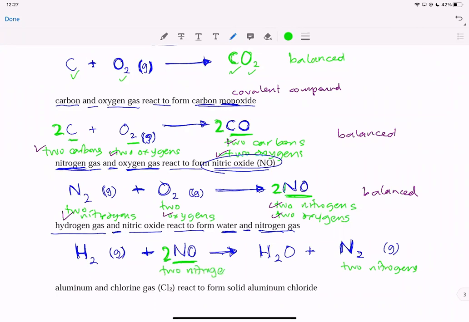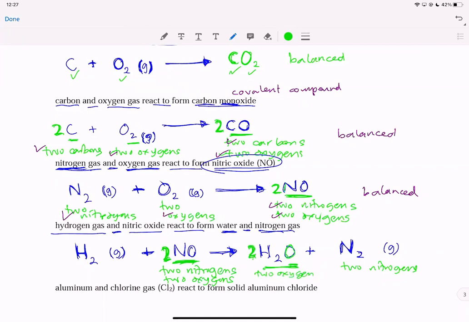But this also causes the 2 to multiply through to the oxygen, so there are also 2 oxygens on this side now, and I need 2 oxygens on the other side. There's only 1 oxygen in H2O, so that H2O needs a 2 in front of it. So this will now have 2 oxygens with that 2 coefficient.